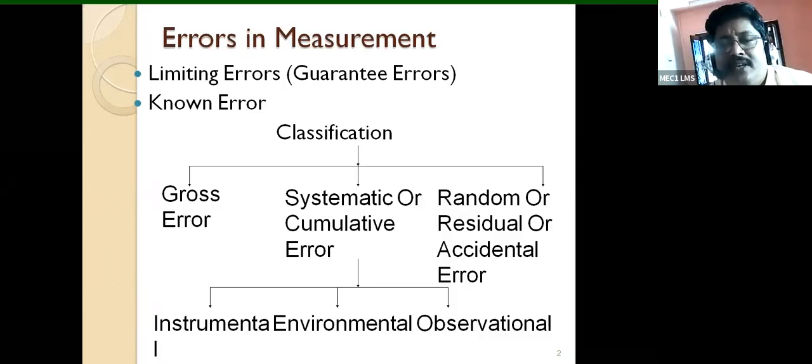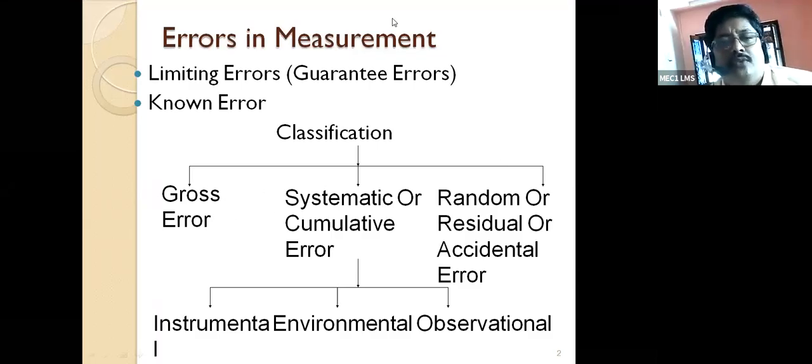Then if you go for classification of these errors, three types of errors are there. One is gross error, another is systematic or cumulative error, and another is random error, or residual error, or accidental error.